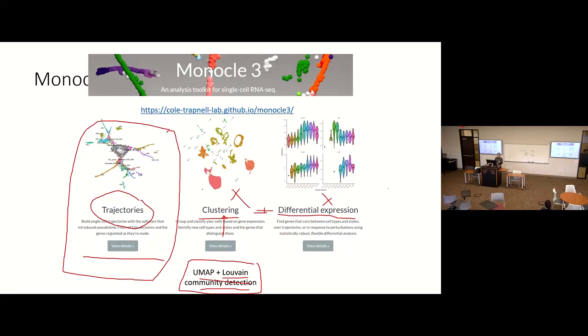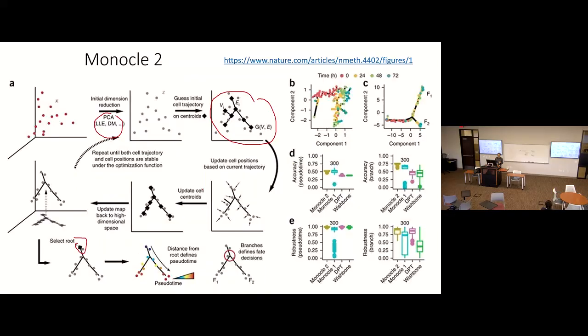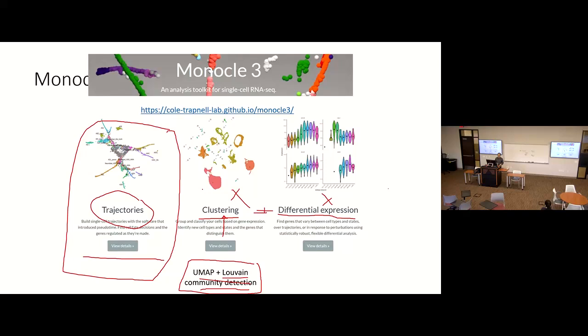I don't have a slide on exactly what's inside Monocle 3, and it's not too much different from Monocle 2, I believe. In the toolbox, I have this function you can call Monocle 3, but that's in R, so we have to install R and then, from the MATLAB interface, call the R package to help you build the trajectory.